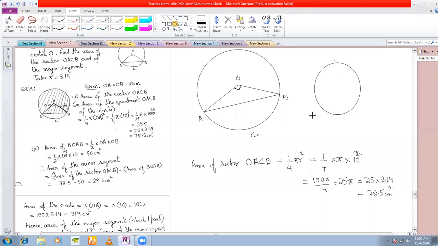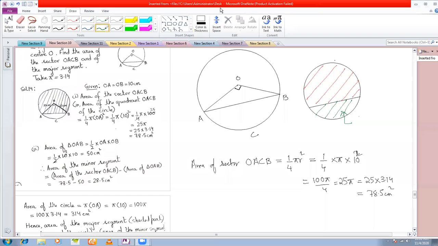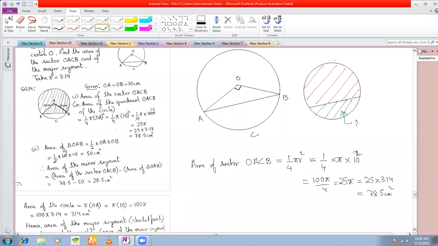If you have a circle and a chord of a circle, this chord divides the circle into two parts. This is a smaller part of the circle, therefore it is called the minor segment.